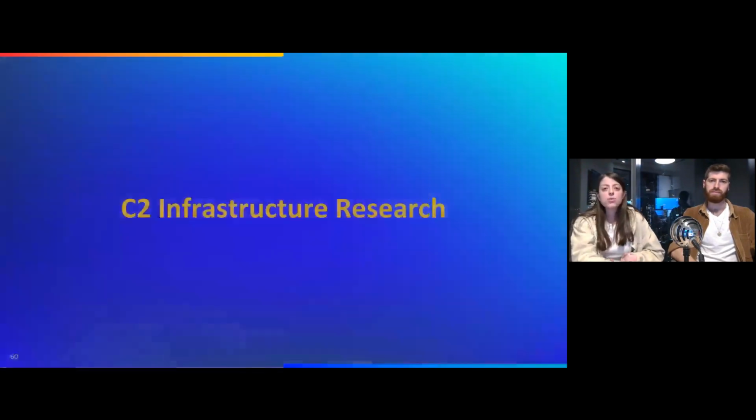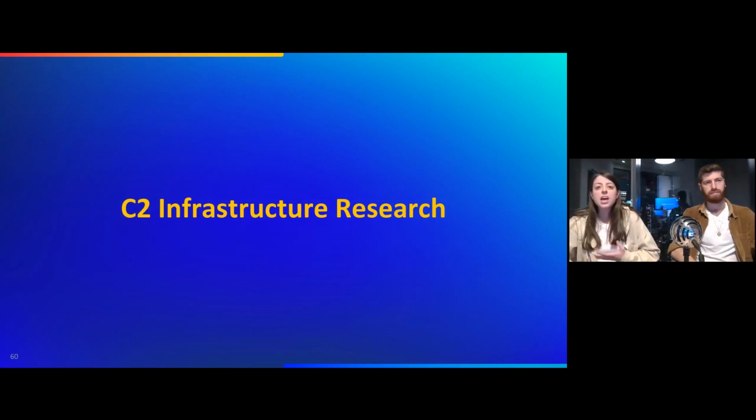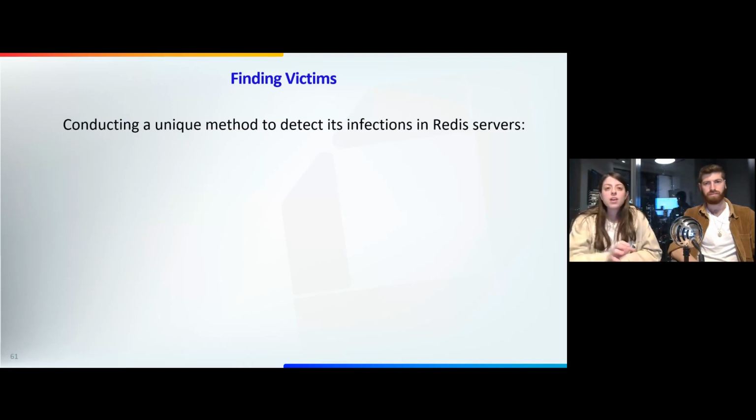This made us wonder how many Redis instances were infected due to this attack and had become attacking servers. We started to think of a unique method in order to detect those infections in Redis servers.